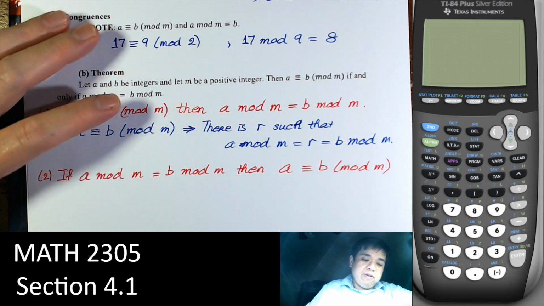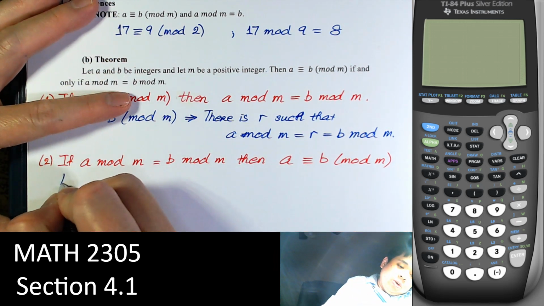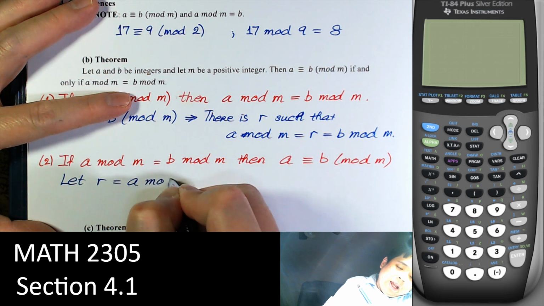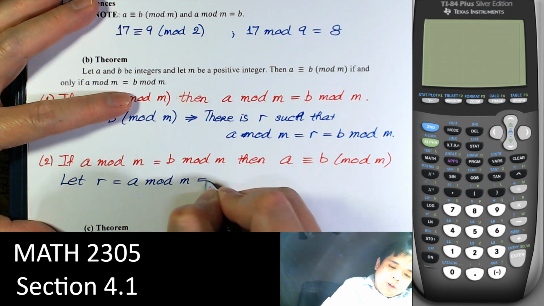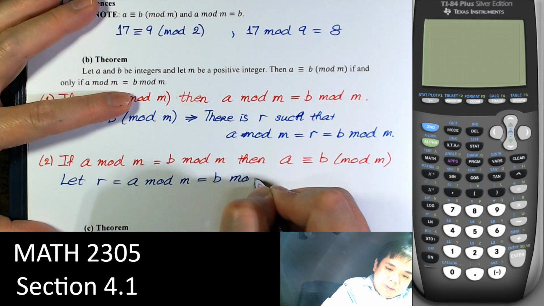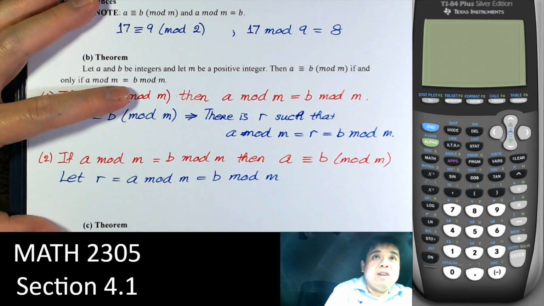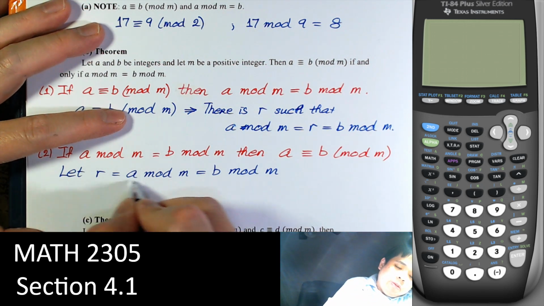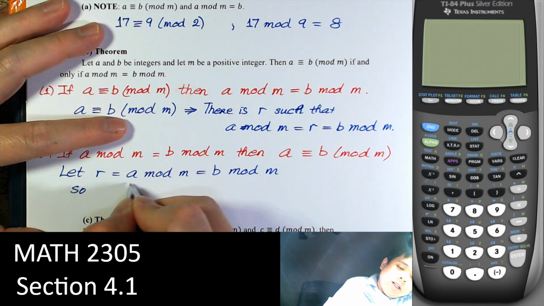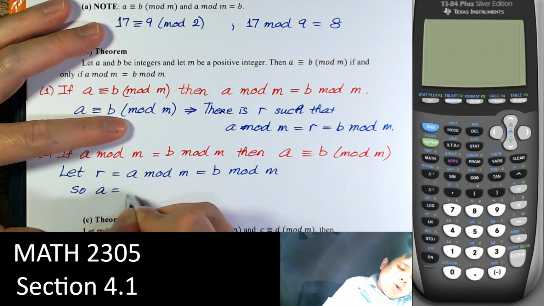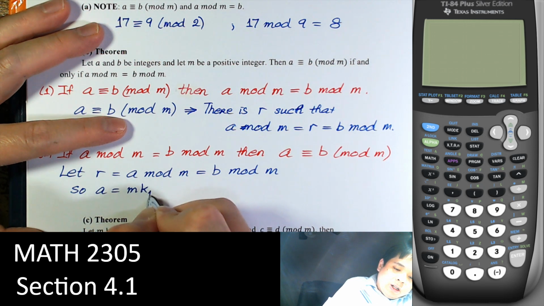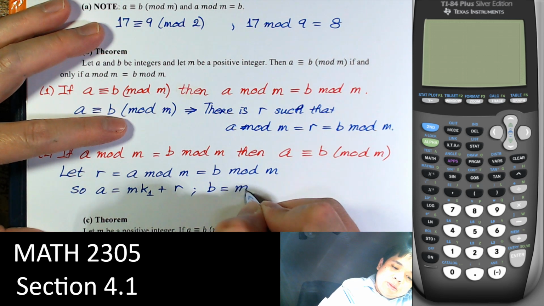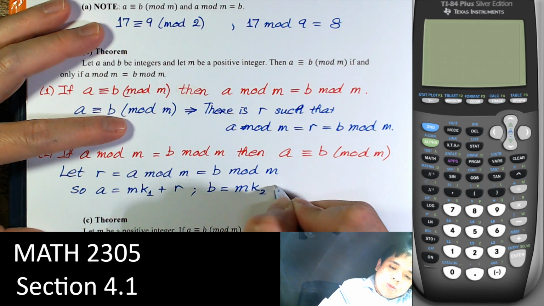Now let r be equal to a mod m, which equals b mod m, if there's a remainder like that. So from the first part we can say a is equal to m times k1 plus r, and b is equal to m k2 plus r.